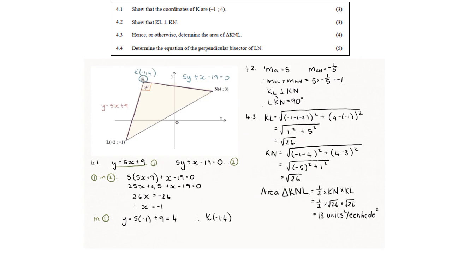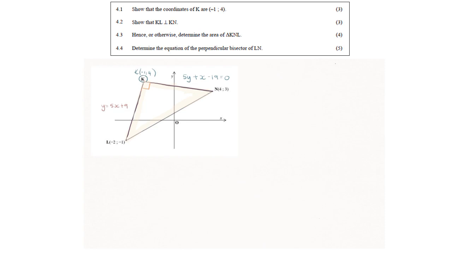In the next question, we need to determine the equation of the perpendicular bisector of LN. The perpendicular bisector is the line that is perpendicular to LN and goes through the midpoint of LN.